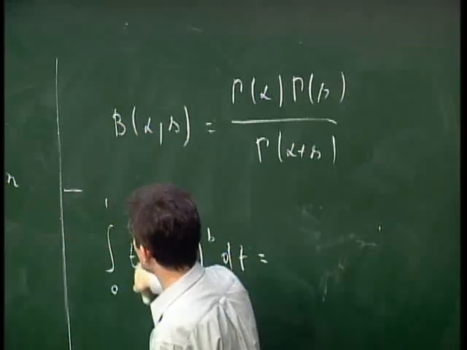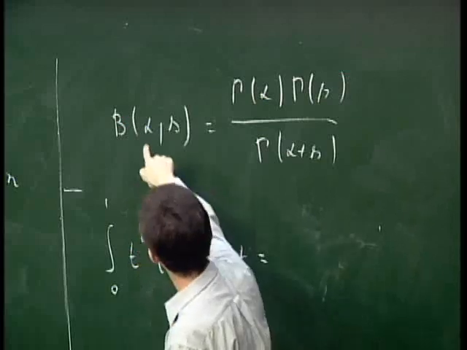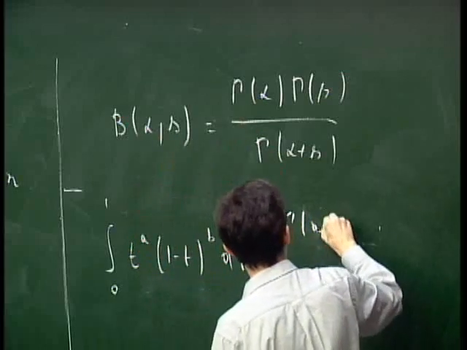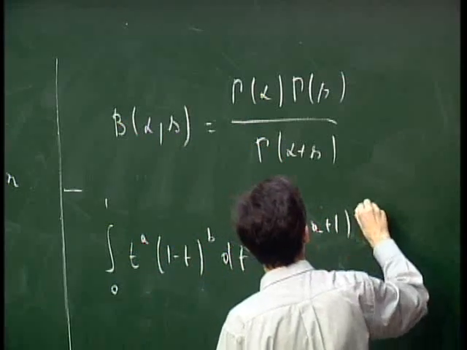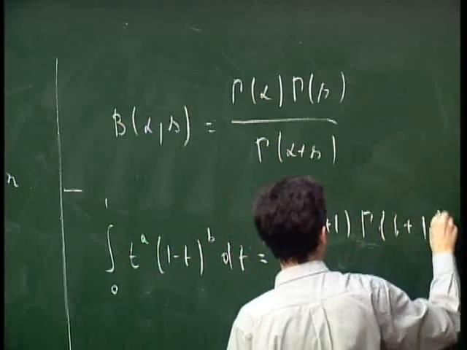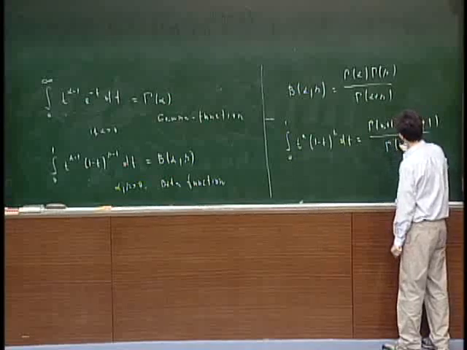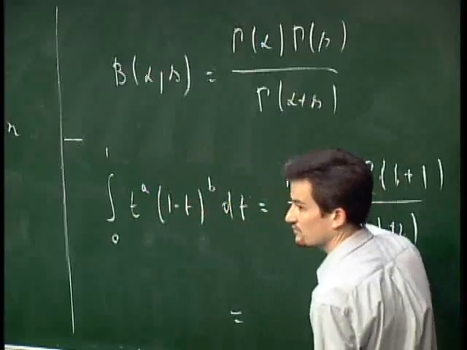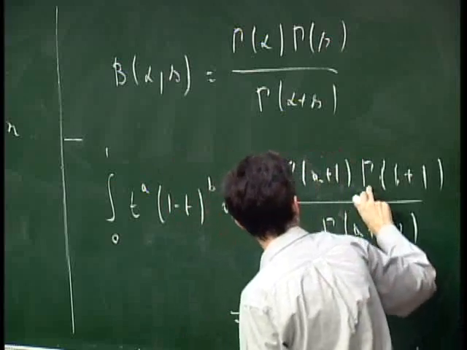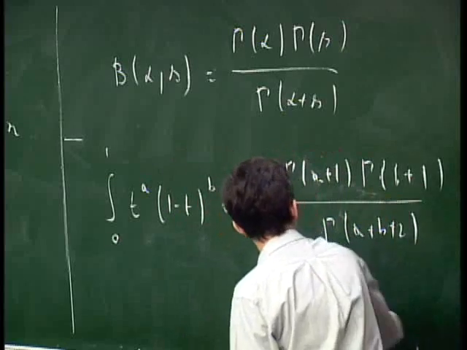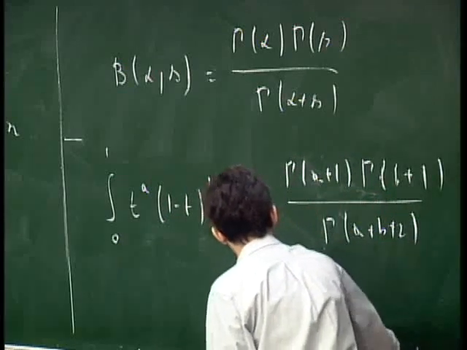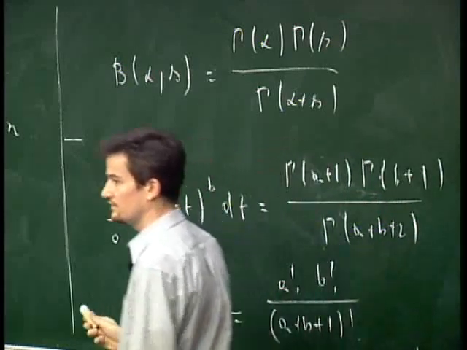So this is beta of alpha plus 1, beta plus 1. So you have here gamma of a plus 1, gamma of b plus 1 over gamma of a plus b plus 2. But I just showed that gamma of a plus 1 is a factorial, gamma of b plus 1 is b factorial, and gamma of a plus b plus 2 is a plus b plus 1 factorial. This is the answer.